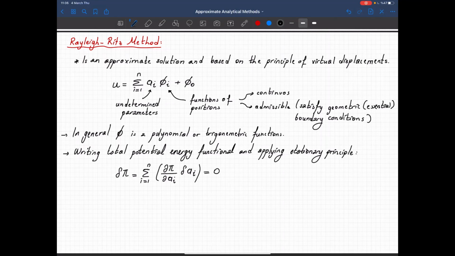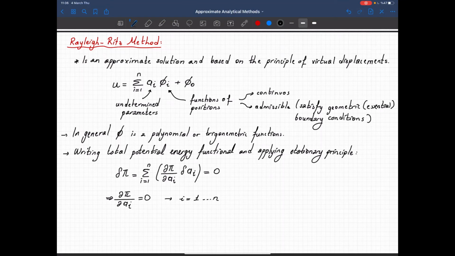And from that expression, we know that partial P over partial Ai must be equal to 0, and i changes from 1 to n.